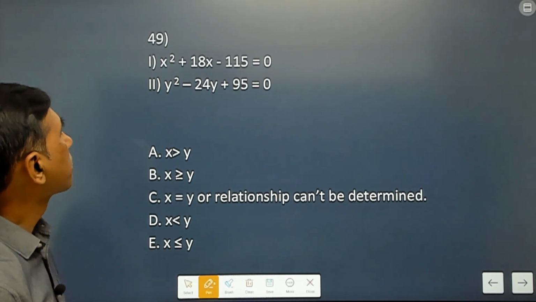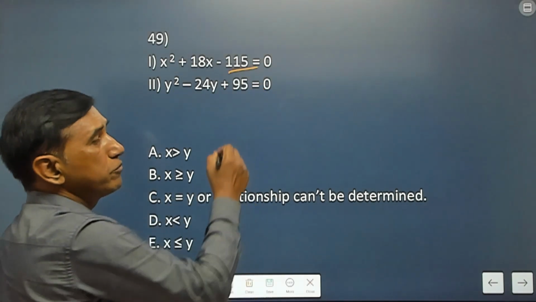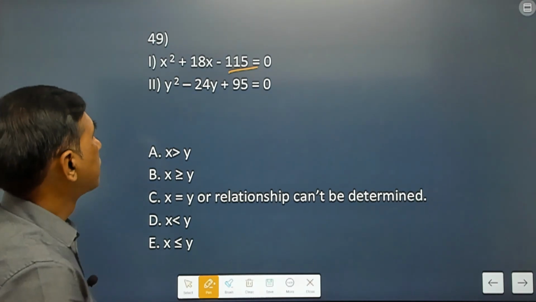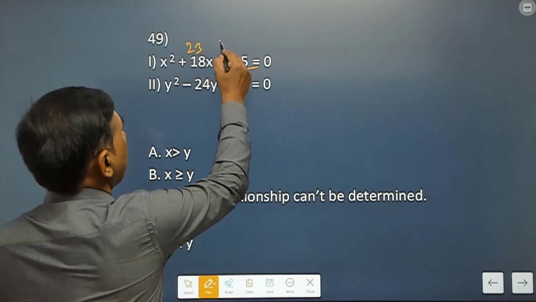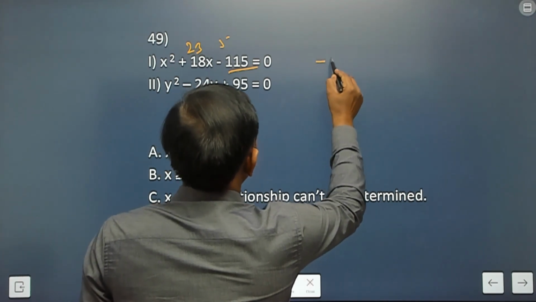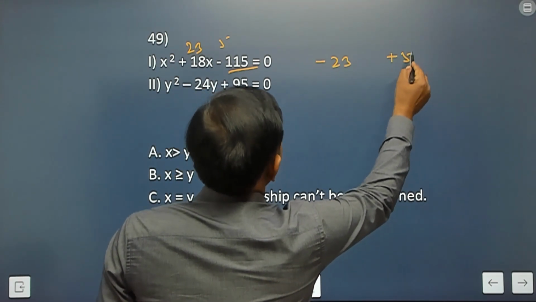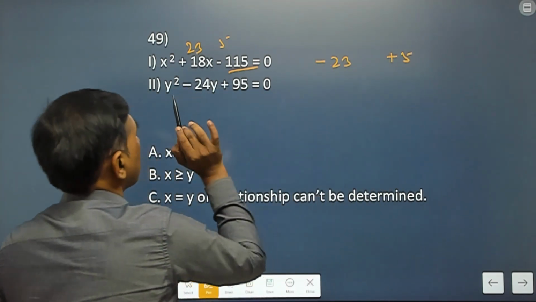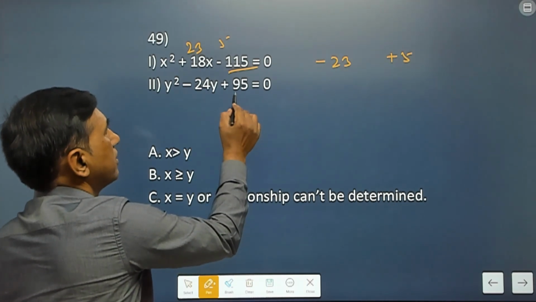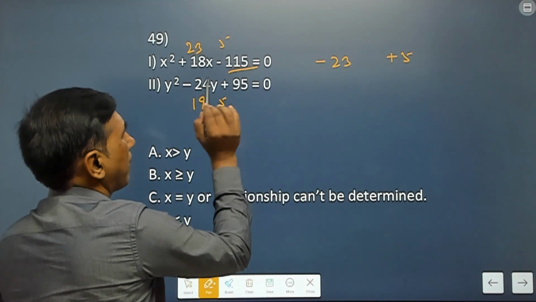Here 115 has prime 23. So this will be 23 and 5, minus 23 plus 5. Since it is plus, it will be minus. Minus plus, this will be 19 and 5. Its prime is 19.